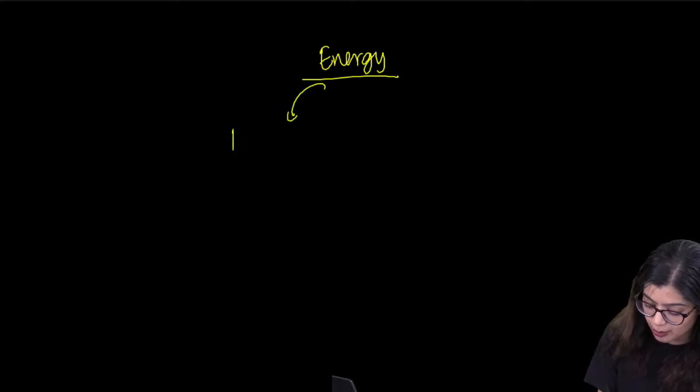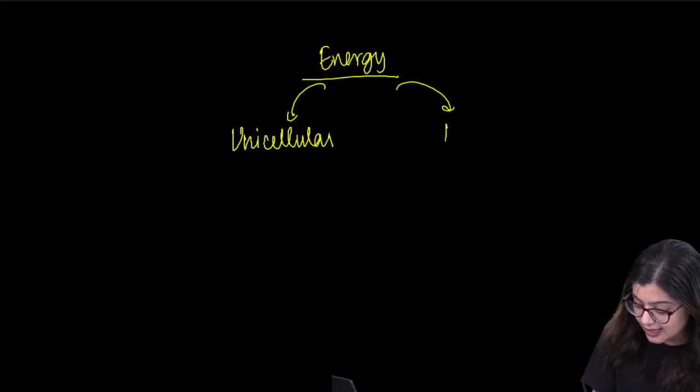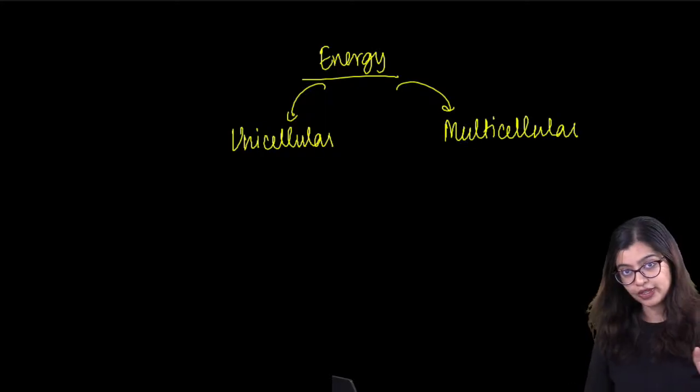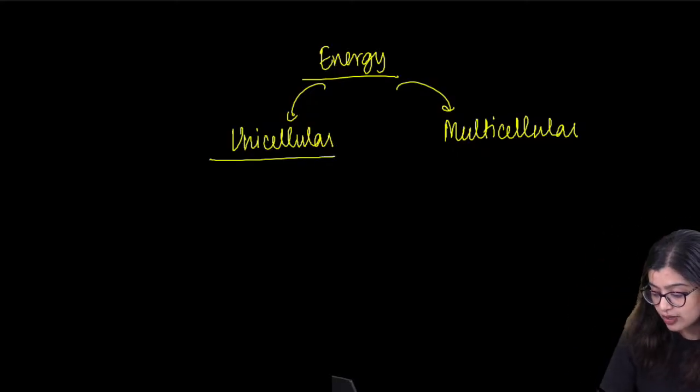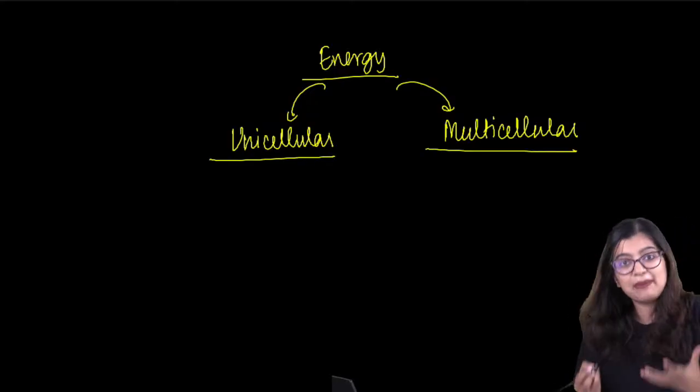So in this particular case, we know that energy is required, both by a unicellular organism and by a multicellular organism, right? And we know that in both cases, they may use oxygen.